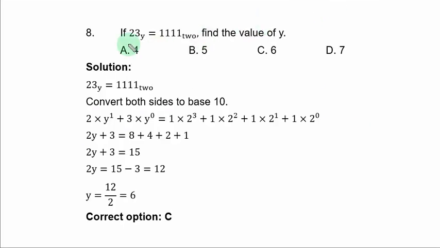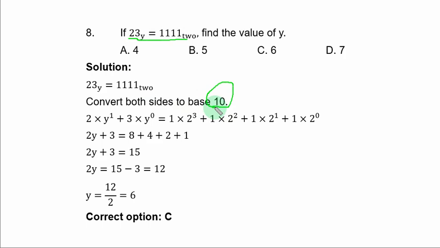Question 8. If 23 base y is equal to 1111 base 2, find the value of y. You simply convert both sides to base 10. 10 is the common base.